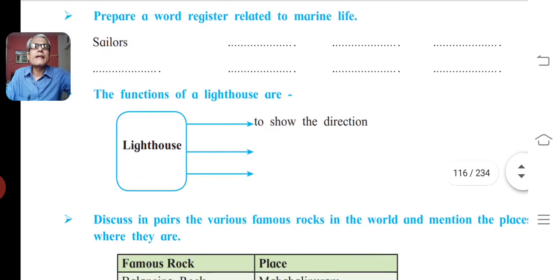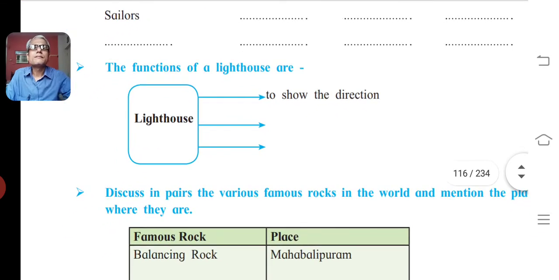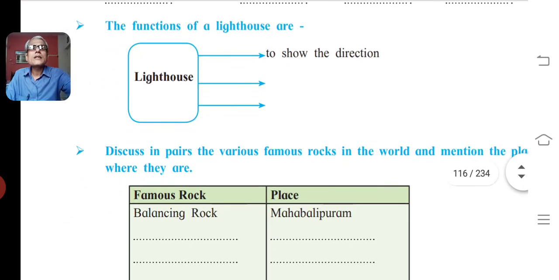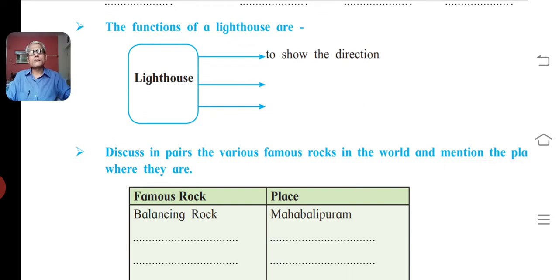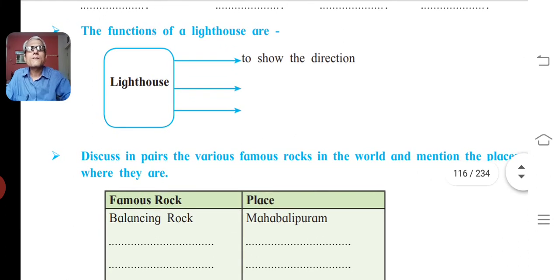The second activity from the icebreaker is the functions of a lighthouse. Now what is a lighthouse? A lighthouse is a tall tower in the sea that has some lights or lamps, and that is very helpful to the sailors at night regarding their voyage.